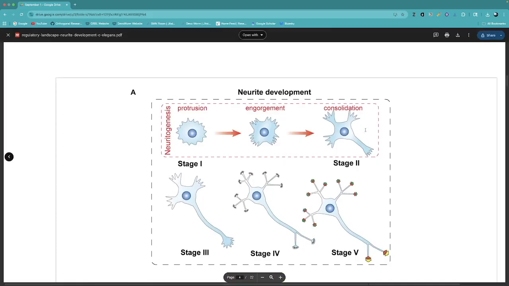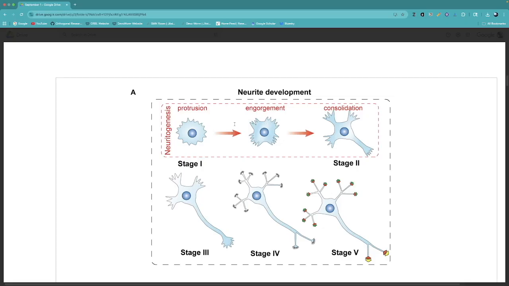So you have neurite development here where you have the differentiating neuron. You have from that cell body these protrusions along the edge, which looks kind of random, like it's projecting in any direction. But then you have this next stage, which is a little bit more organized, which is engorgement, where you get these engorgements in different directions.